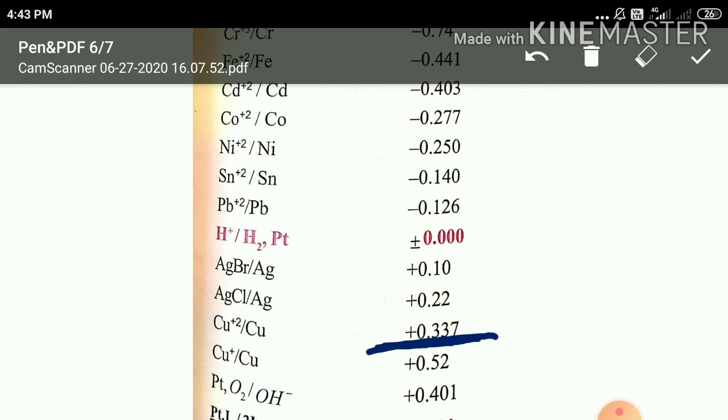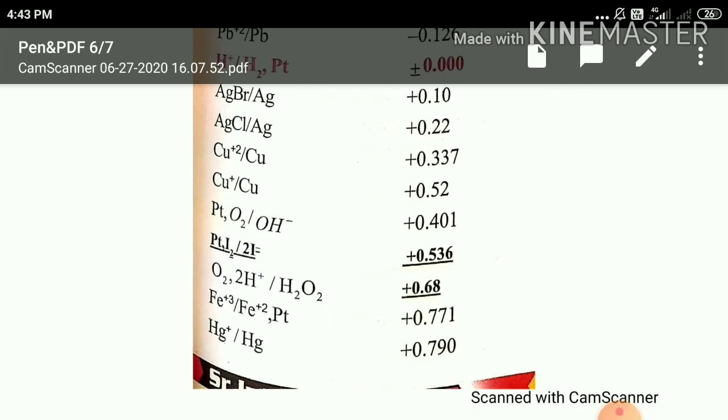So with the help of this electrochemical series, we can easily understand whether the given metal displaces hydrogen from its mineral acid or not. We can easily find out. Not only that, with the help of the electrochemical series, we can understand some other important aspects.